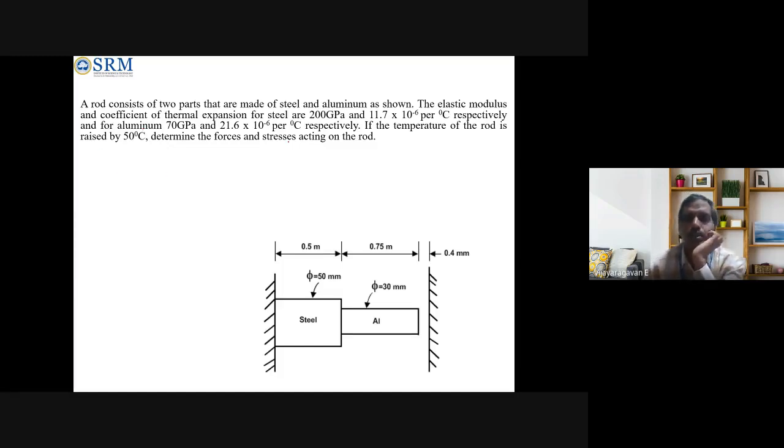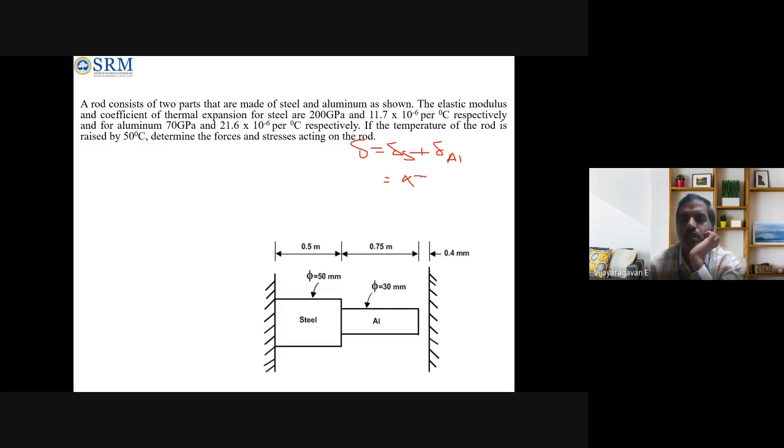Yes, tell me, what is the deflection? Total deflection is equal to deflection in steel plus deflection in aluminum. Okay, so what is the formula for deflection?